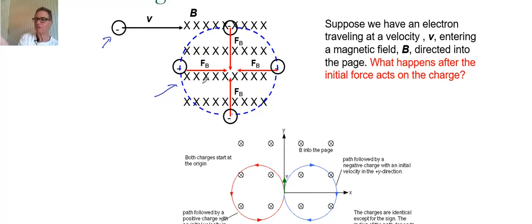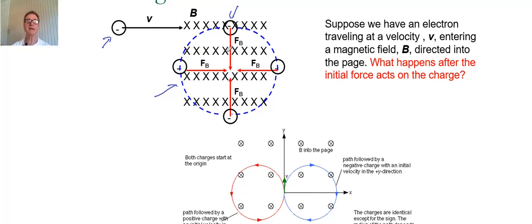So fingertips point in the direction of the velocity, palm is pointing in the direction of the magnetic field, which in this case is into the page. And the force is pointing up, but remember this is an electron, so the force is actually going to be going down. So when the electron hits the magnetic field, it's going to feel a force in the downward direction.